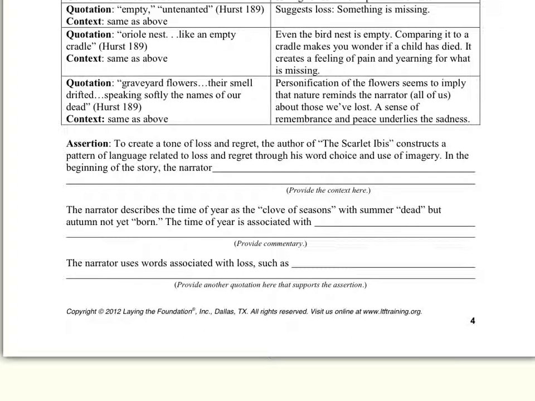You're going to read the text that's already provided and look in the parentheses here to get a hint to see what you'll be adding. Context there, commentary here. Here you want to find another quotation. Alright, and always refer back to this dialectical journal.